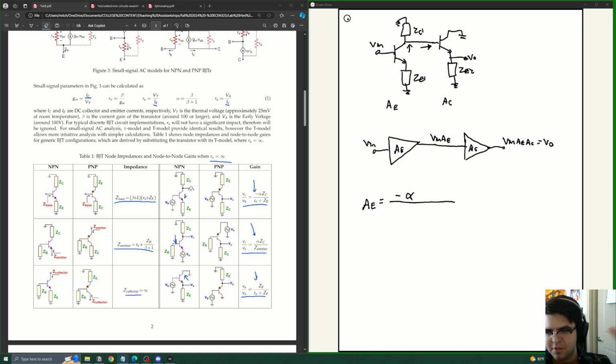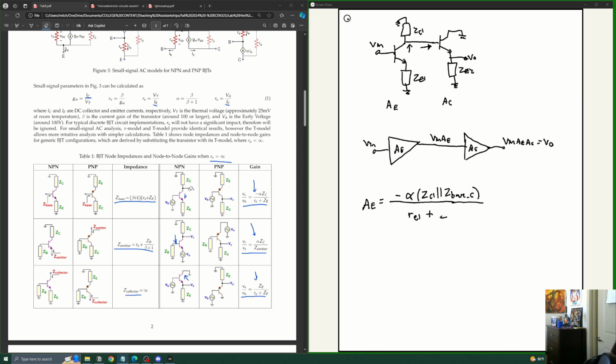The impedance is dragged down by the impedance looking into the base, which has a finite current. So now it's the parallel combination of the total impedance at this node, which according to our equation is ZC1 in parallel with Z base of the common collector stage right there. And the rest of the equation is still the same.